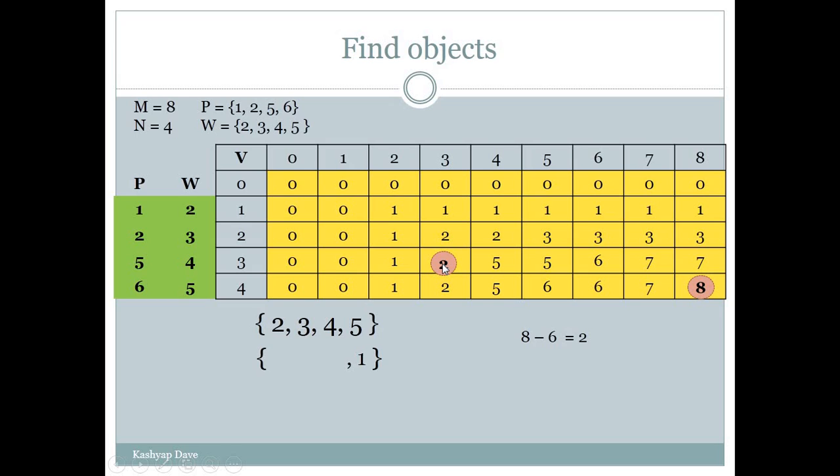So if this 2 is accessible by this item, then we check its above row, and 2 is also present in this row. So this 2 is not from item number 3, it is from item number 2.